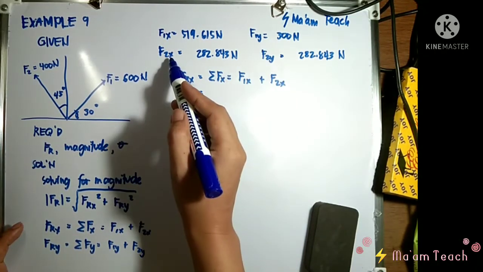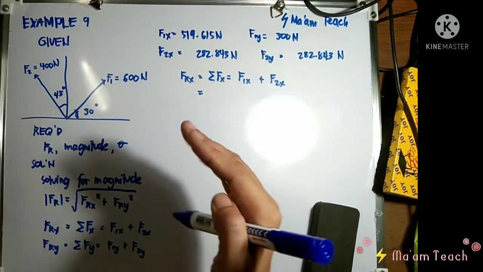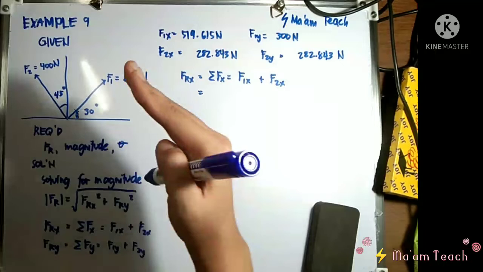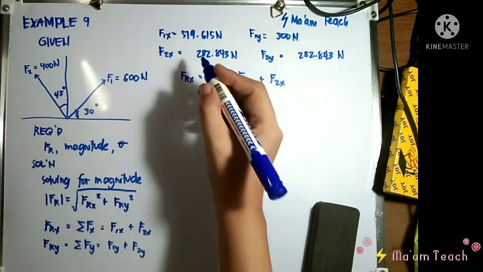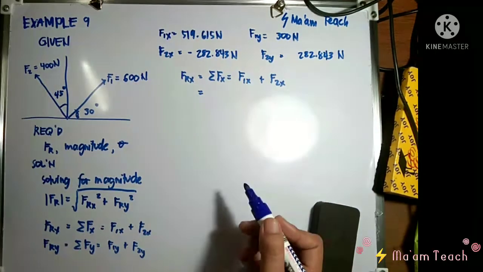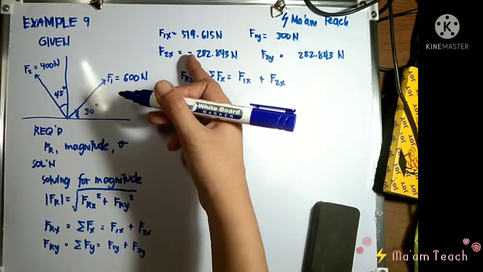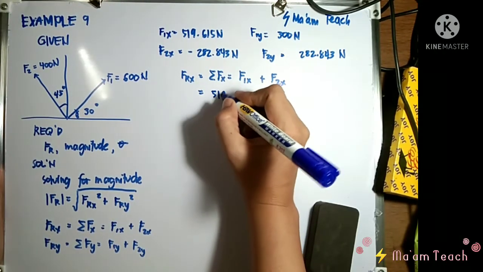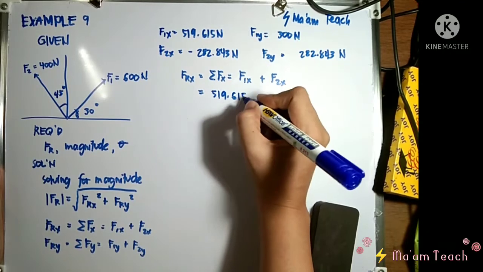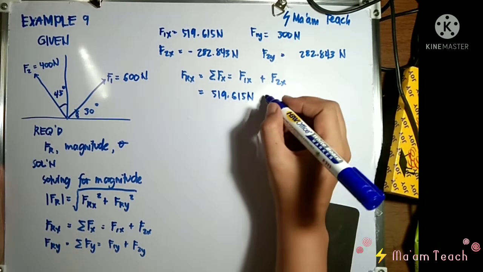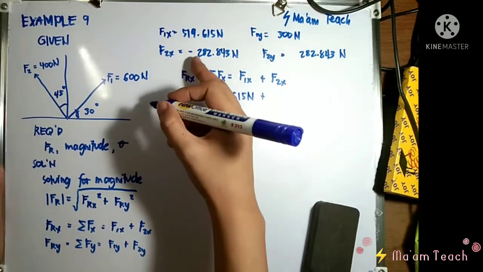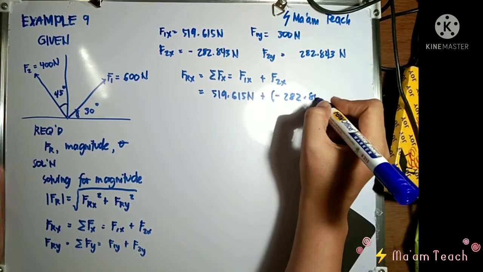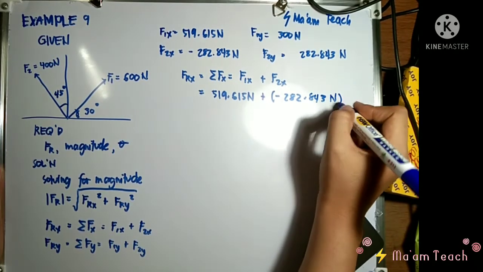But here in F sub 2, your force is going to the left but going up. So obviously the negative there is the x component, so there will be a negative there. Substituting, your F1x is 519.615 Newton plus your F2x, which is negative 282.843 Newton.